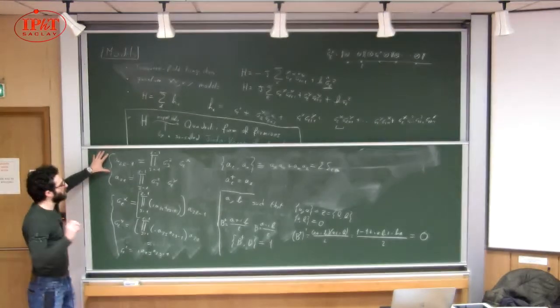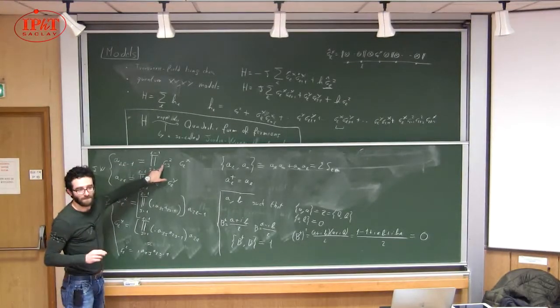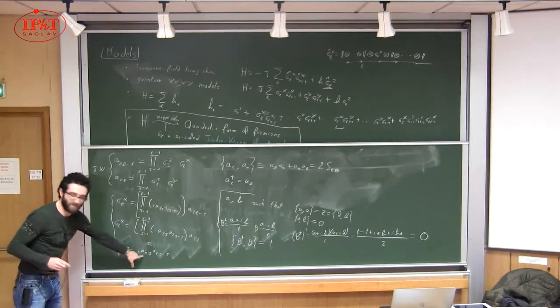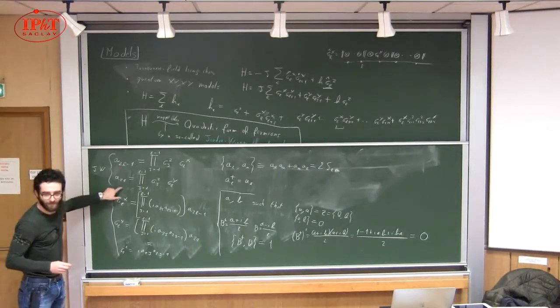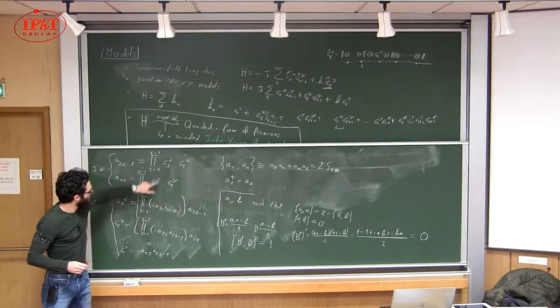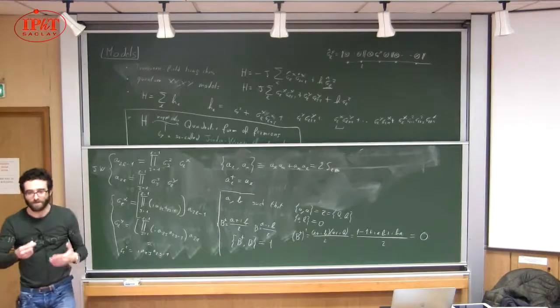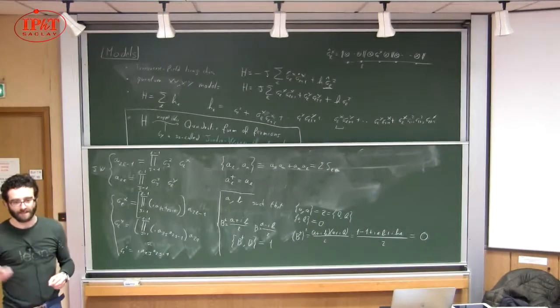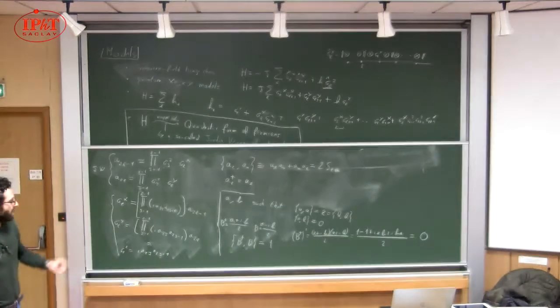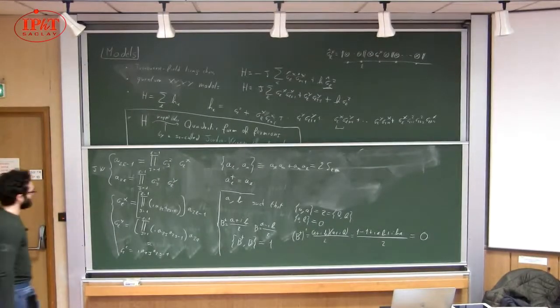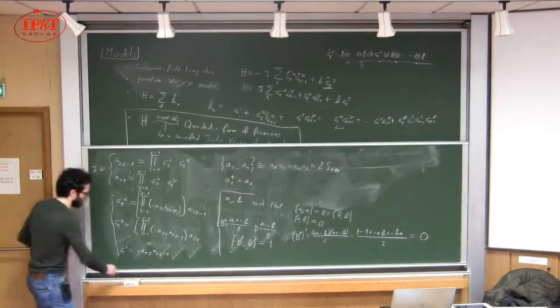So the only thing you have to do is to realize how to write sigma z in terms of these two operators. Checking this is very simple. You just multiply the two of them, and what happens is that this string will cancel, and you are left with sigma x sigma y, and you know that sigma x sigma y is i sigma z, and then you obtain the result. So you can easily check that this is the inverse transformation.